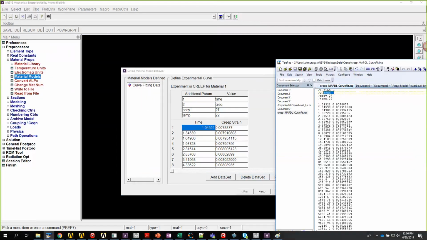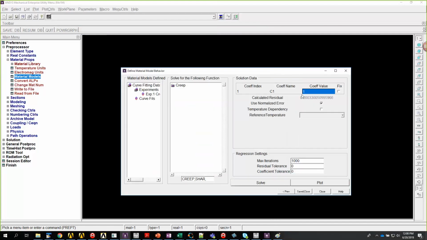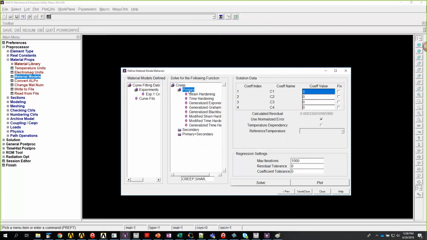The syntax for creep strain is CREQ. The equivalent stress is 27, temperature is 22. Then next, we have various creep models. We are under primary creep and modified time hardening. You can say C4 is 0. I don't want to iterate it. You can fix it and say solve.